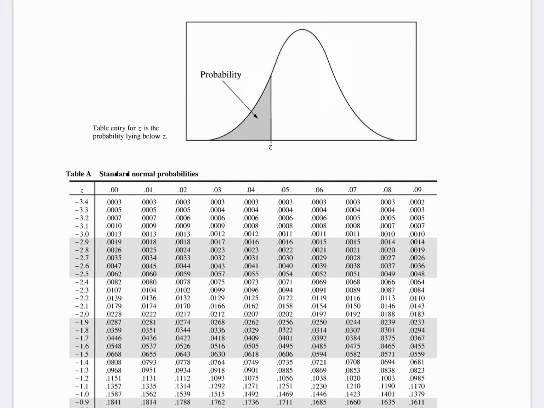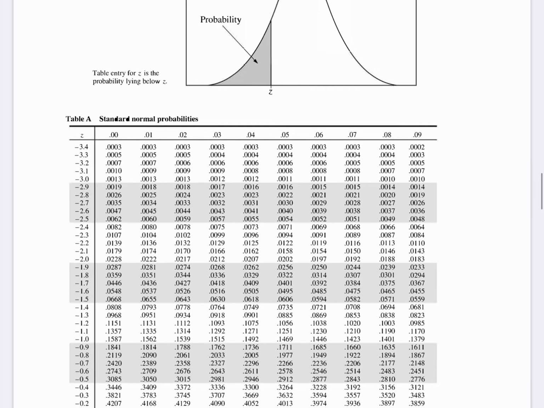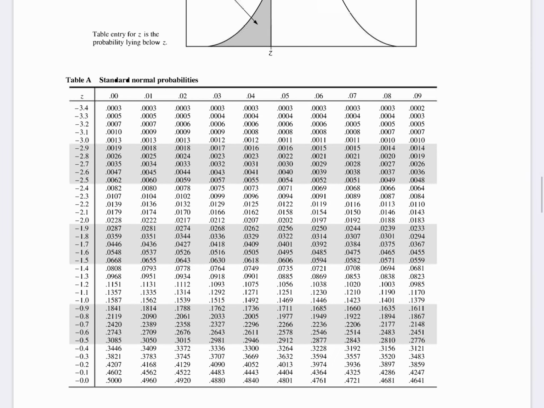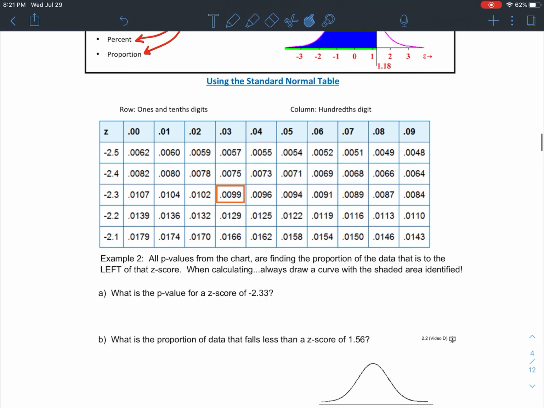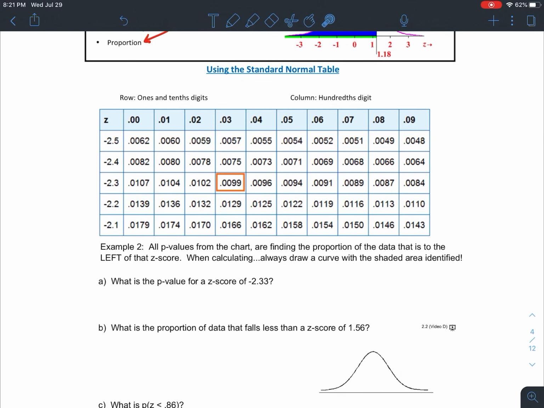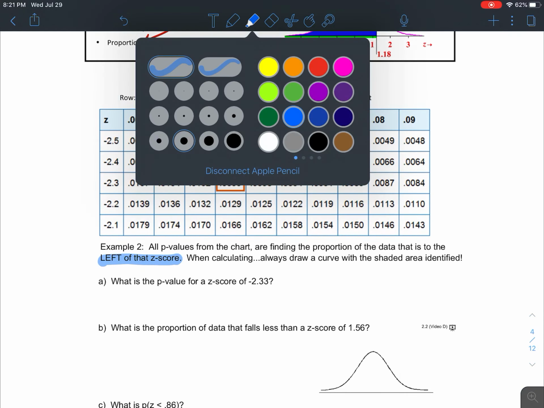It has that graph I was referring to where the area is shaded to the left, and along the left side are z-scores out to the tenths place, and across the top takes you to the hundredths. So the p-values from the chart are finding the proportion of the data that is to the left of that z-score.